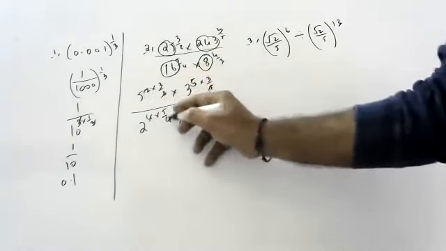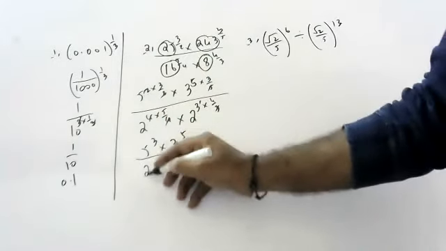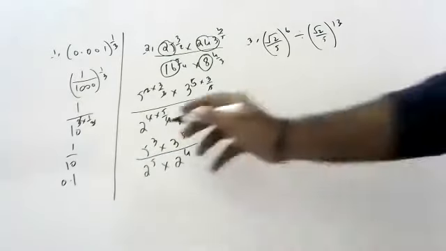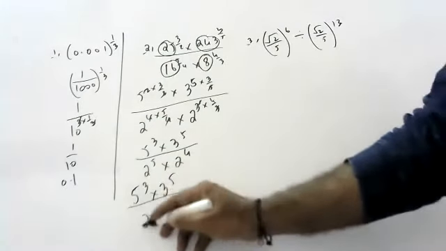So it is 5 to the power of 3 into 3 to the power of 5 by 2 to the power of 9.